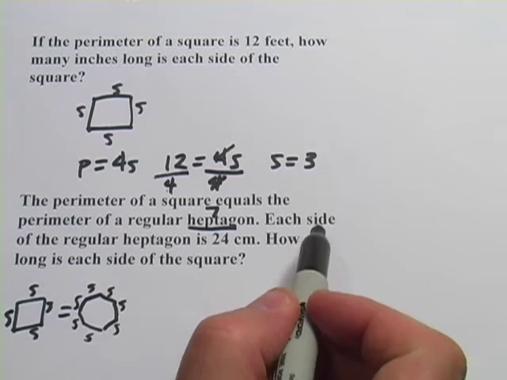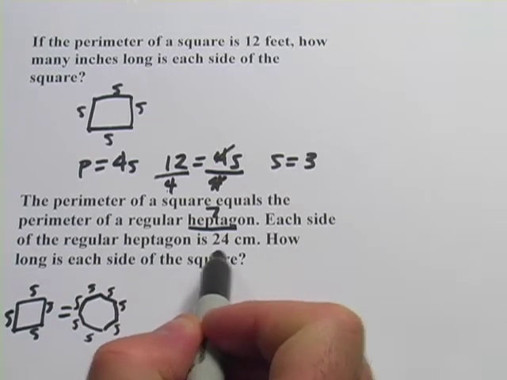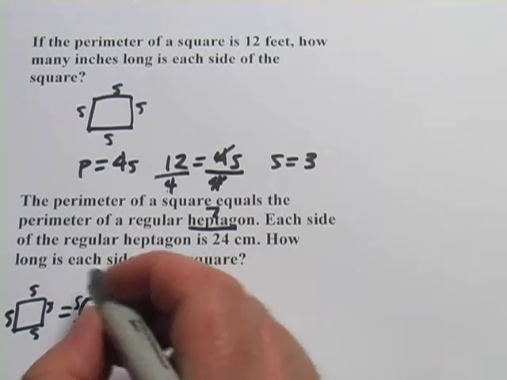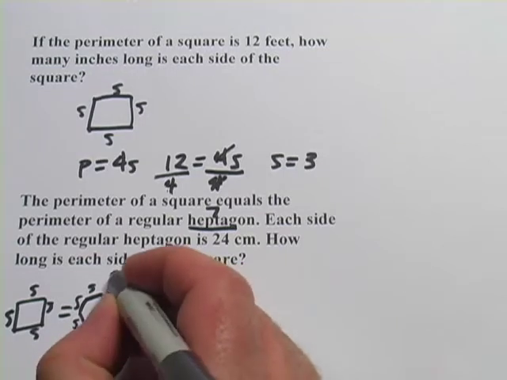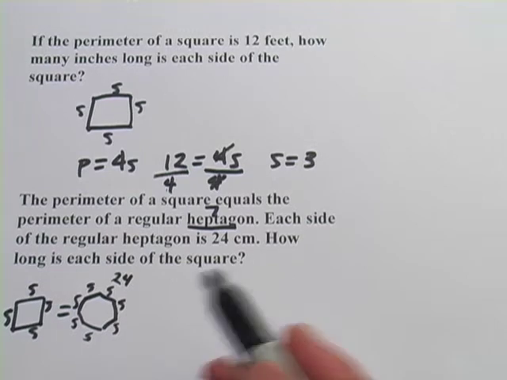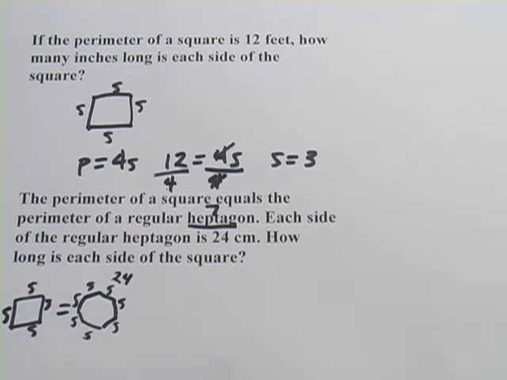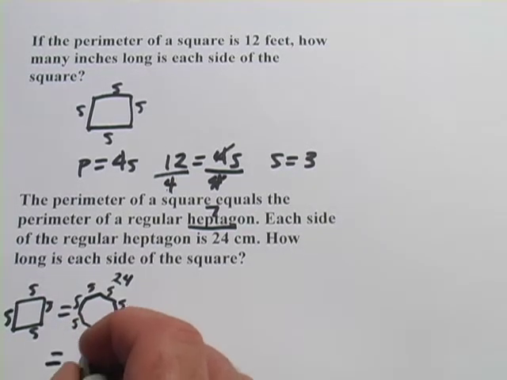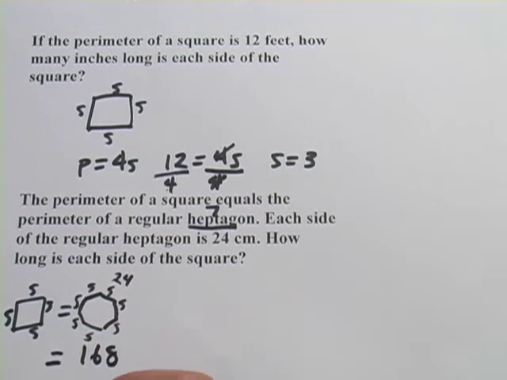And it says each side of the regular heptagon is 24 centimeters. So we know each of these s's is 24. So it's 24 plus 24 plus, actually 24 times 7, there are 7 24s, is the perimeter of the heptagon. So 24 times 7 is 168. So I'm going to substitute 168 for this figure of the heptagon here.